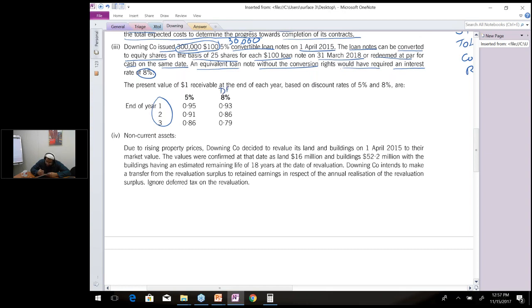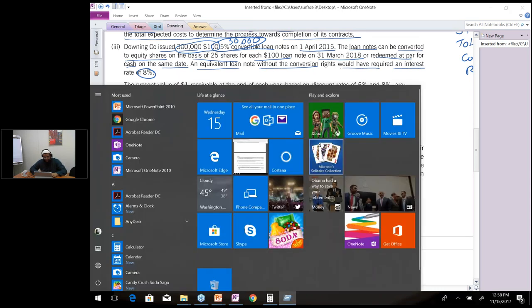So I'm using the discount factor of the question. Year 1 to 3 cash flow is going to be 5% of 30,000, which is 1,500 for year 1, 1,500 for year 2, 1,500 for year 3. So I'm going to get the present value of all these.